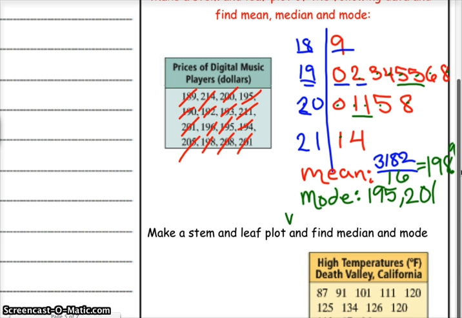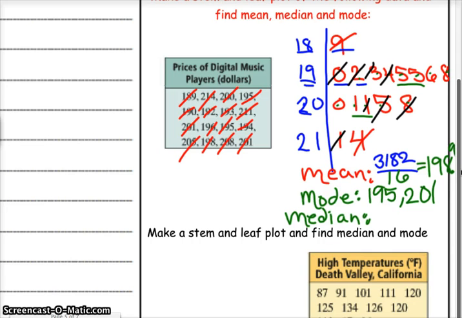Now my median is where kids can struggle sometimes. You cross out the smallest and the biggest. Smallest is 189, biggest is 214. I'm going to use a different color. The next smallest is 190, 211. 192, 208. 193, 205.